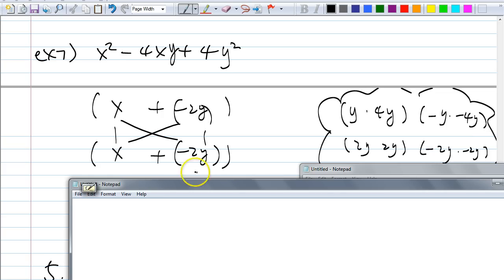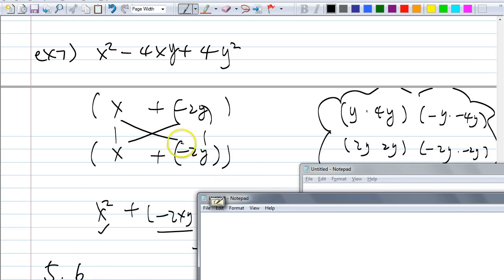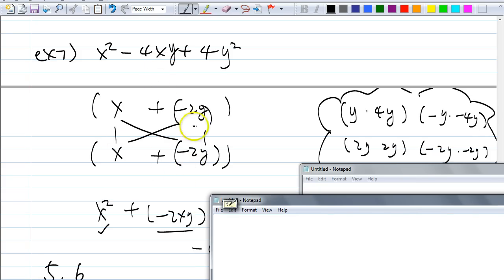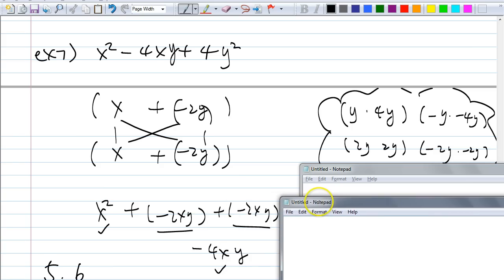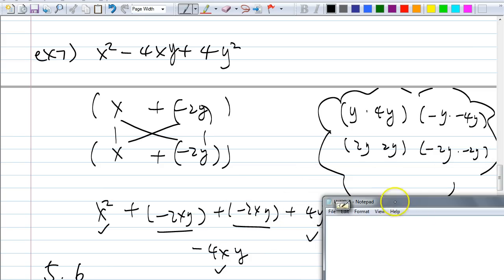Okay, should we check? What's x times x? X squared. Plus, what's x times negative 2y? Negative 2xy, right? We want xy in the middle, don't we? And what about this? Plus, negative 2y times x, you get negative 2xy. And then, of course, you get 4y squared. Negative times negative is positive.